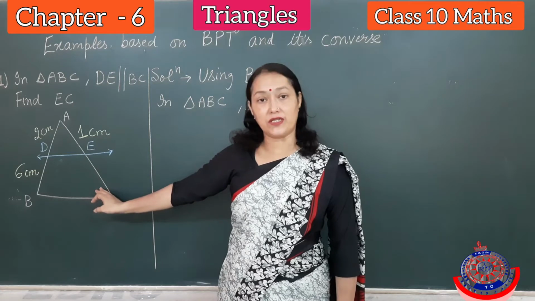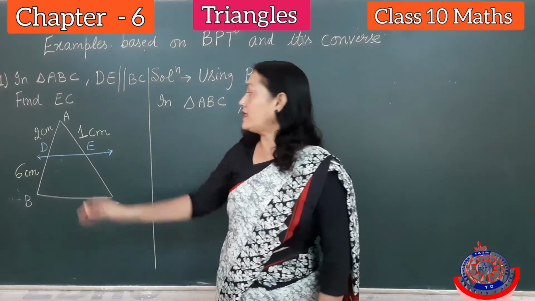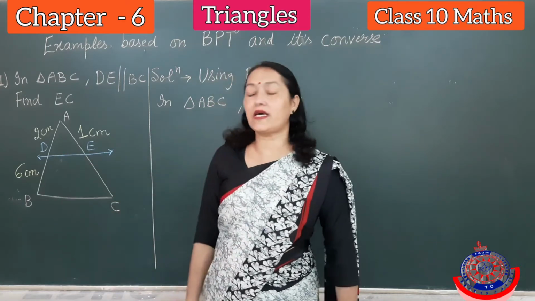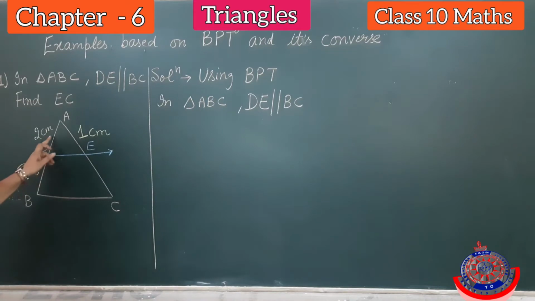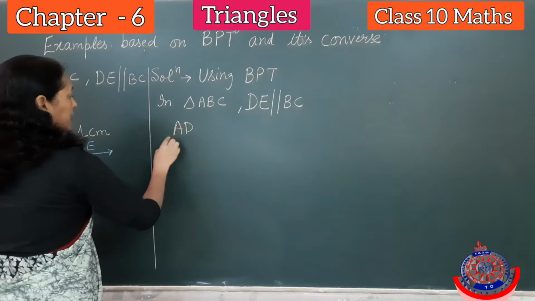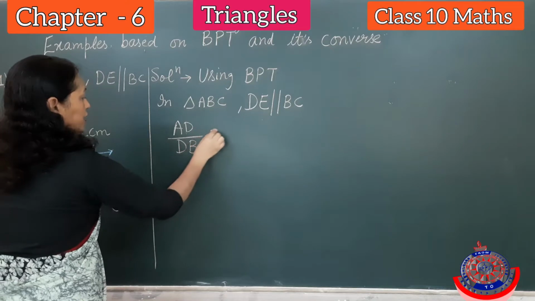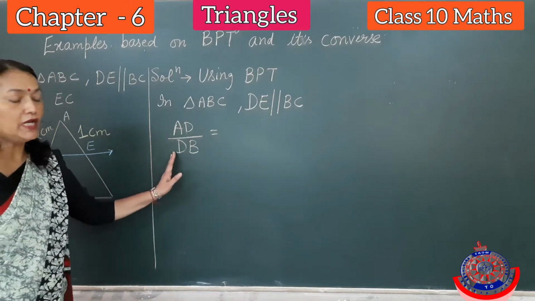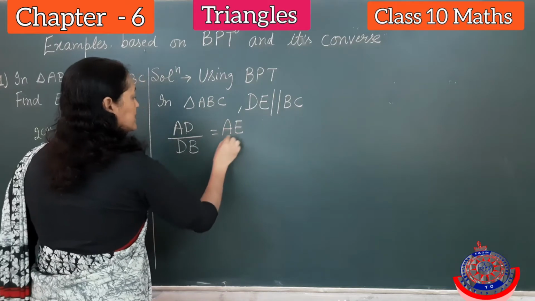the value of EC. Students, you know from BPT that if a line is drawn parallel to one side of a triangle, then the other two sides are divided in a fixed ratio. That means the ratio of AD upon DB will be the same as the ratio of AE upon EC.